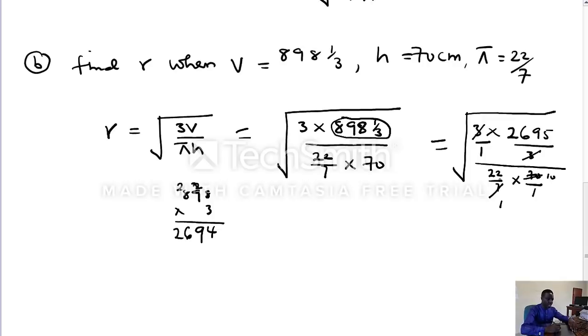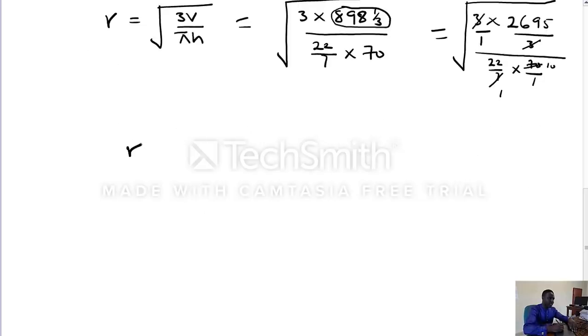So my r will become the square root of, if you simplify the numerator, 2695 divided by 22 times 10.